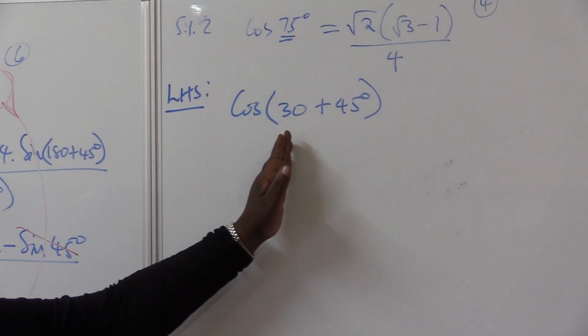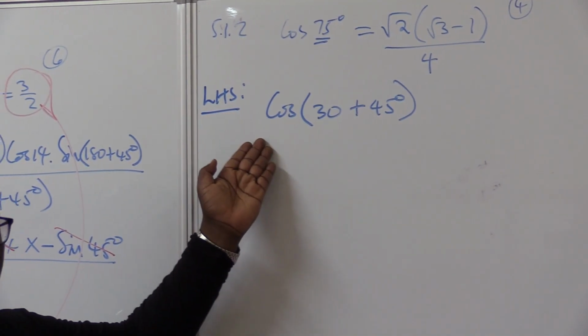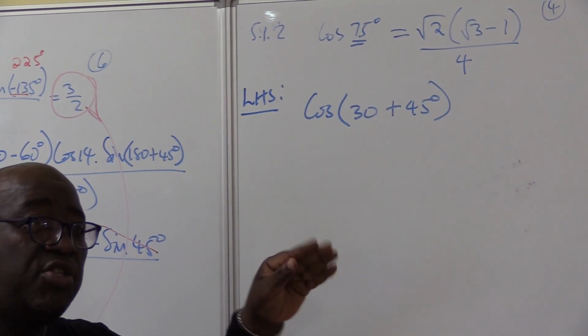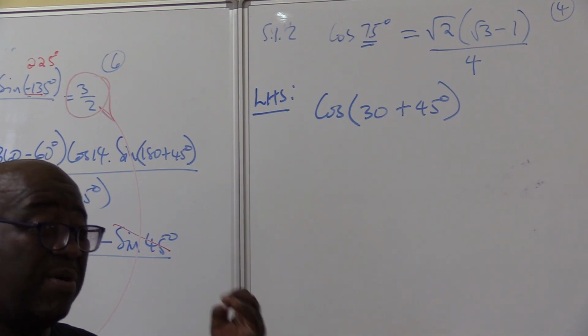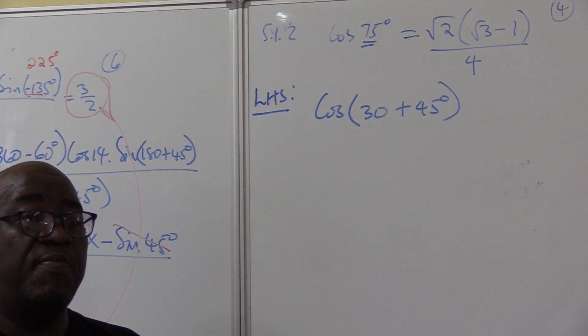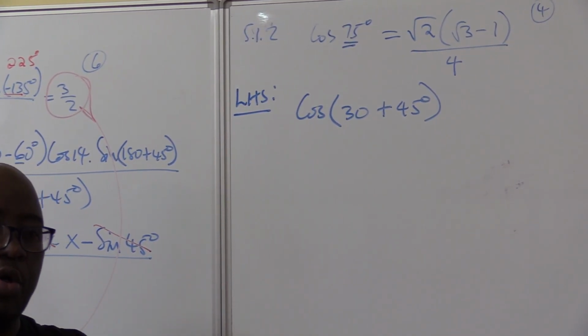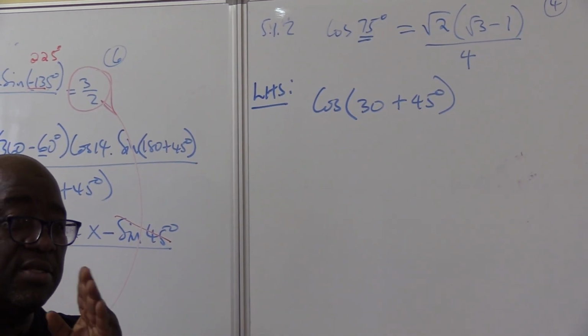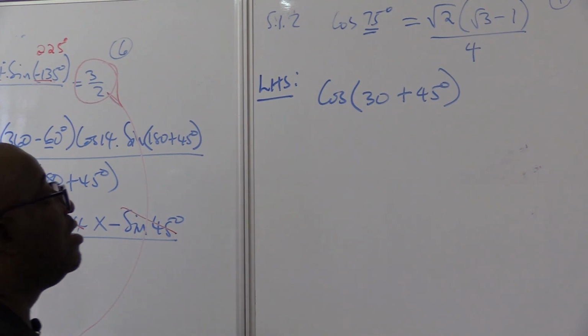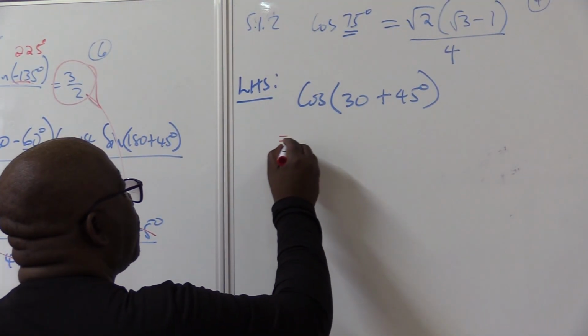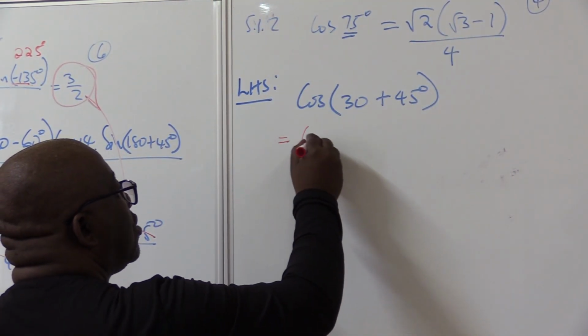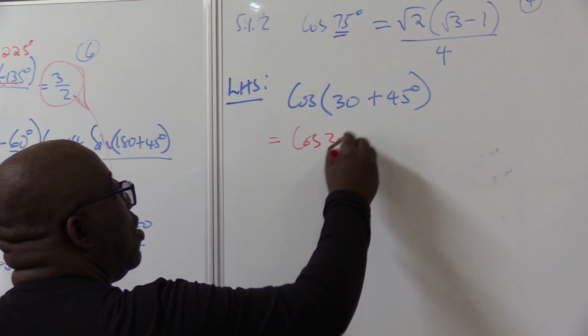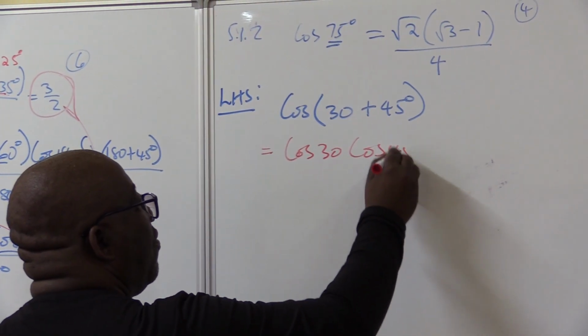Cos of A plus B. What is the rhythm for cos? It is cos, cos, change sign, sine, sine. Remember those rhythms. If it is sine, it will be sine, cos, cos, sine. If it is cos, it will be cos, cos, change sign, sine, sine. Let's do just that. So this becomes cos 30 cos 45.